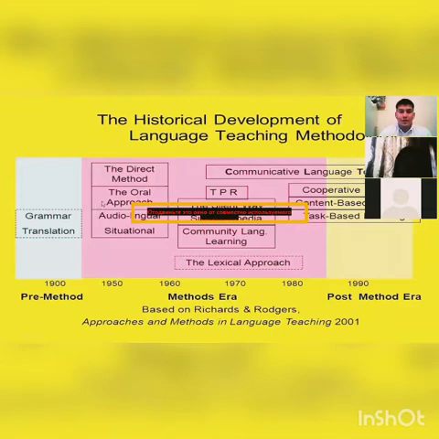And after this method, we have the direct method, the oral approach, audiolingual, which started to develop in the 50s and 60s. And after this, we have communicative language teaching, total physical response, the silent way, Suggestopedia, community language learning, the lexical approach, which were developed in the 1970s and 1980s.